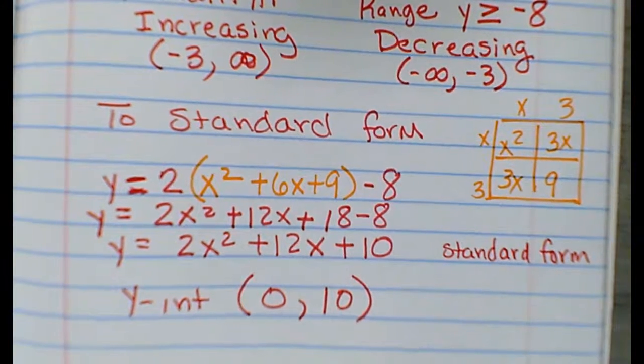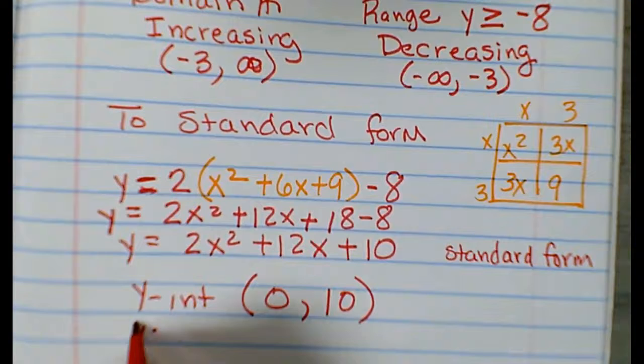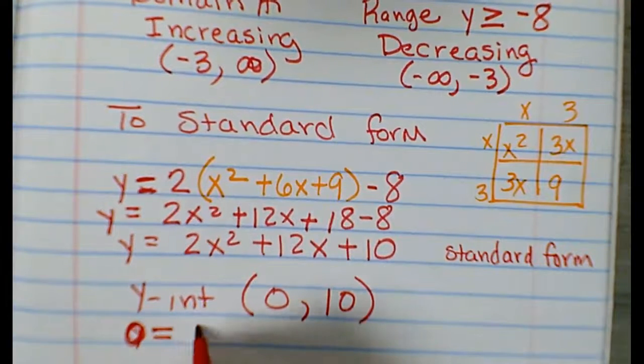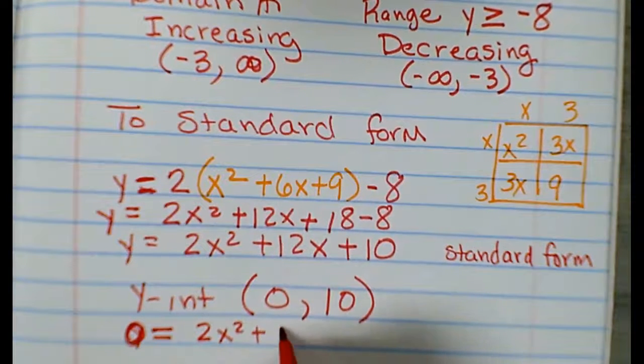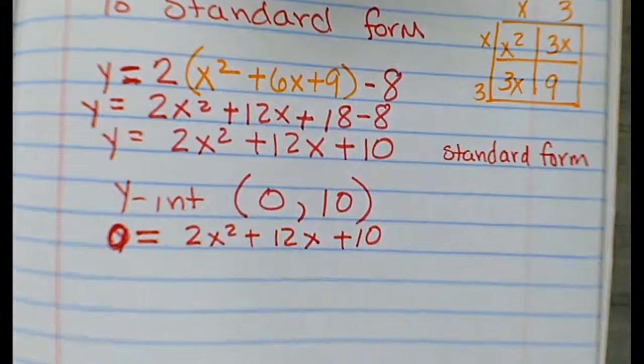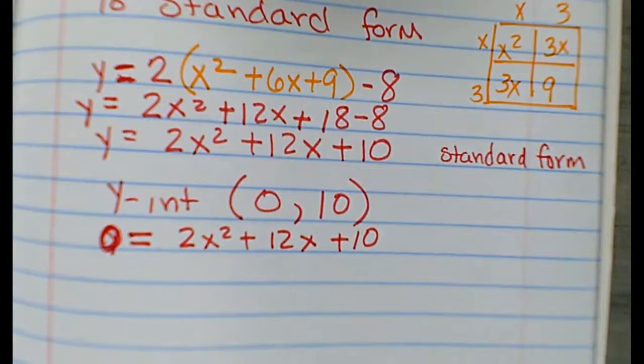Once you have it in standard form, you should be able to factor it to find the roots or the x-intercepts. What am I going to do first before I factor? What's the GCF?